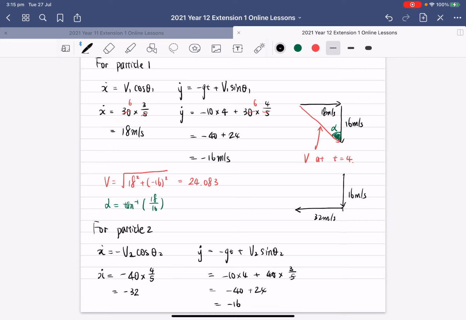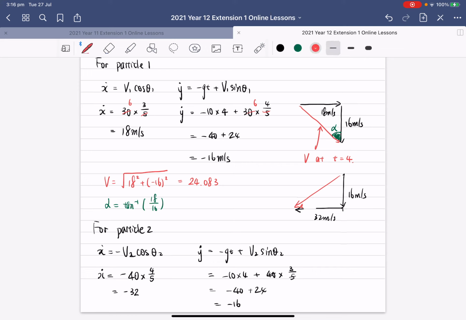So the resultant one is going this way, and remember we're finding this angle this time, which is beta. Are we finding this angle, or are we finding something else? Nope, we're not finding this angle. We're finding the other one on this side.